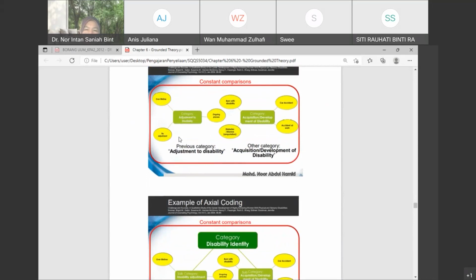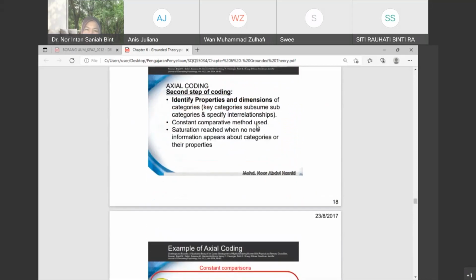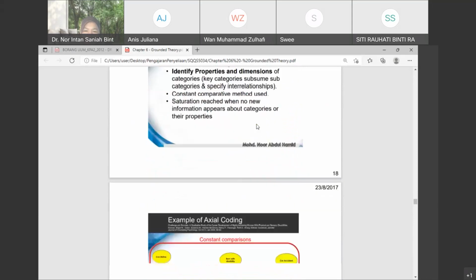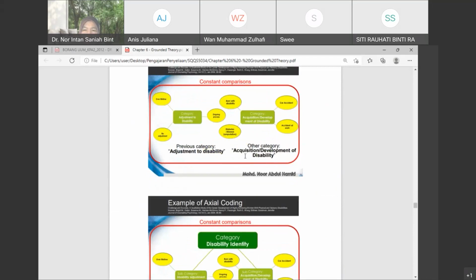Adjustment to disability yang tadi, yang first stage tadi. So tiba-tiba kita tengok yang acquisition ni pun boleh di-constantkan. Alright. Kita boleh combine dia. Okay, satu adjustment, satu development.